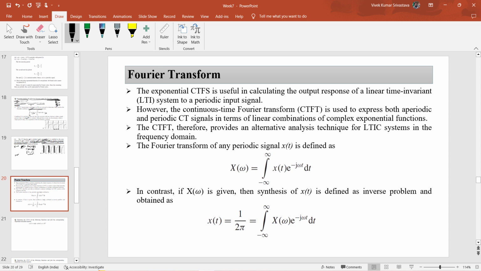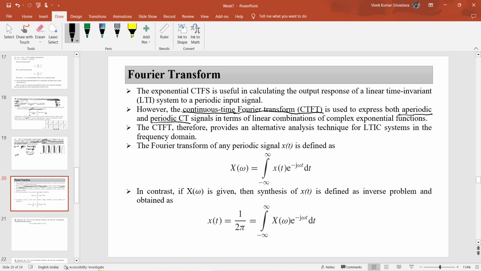This Fourier transform method we can use for continuous time, and along with periodic signals we can also use it for aperiodic signals. So it is an alternative way to analyze any continuous time signal which is aperiodic in nature.